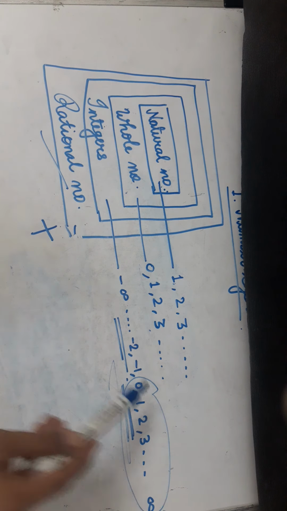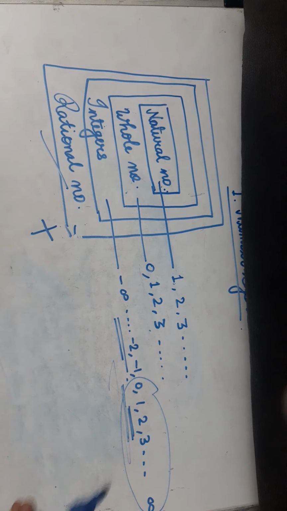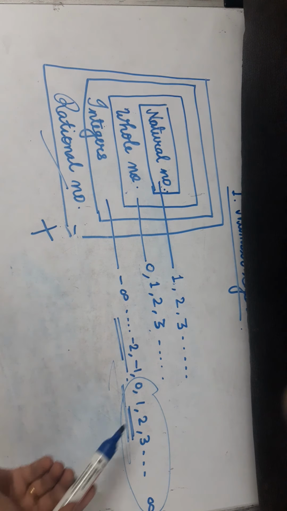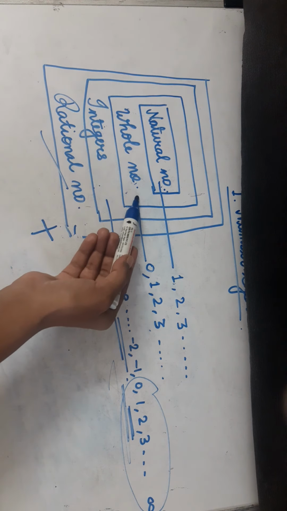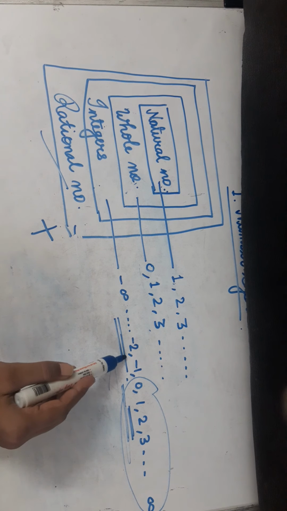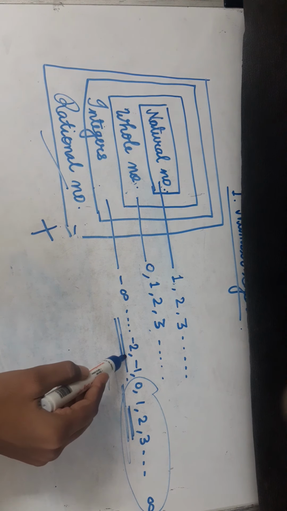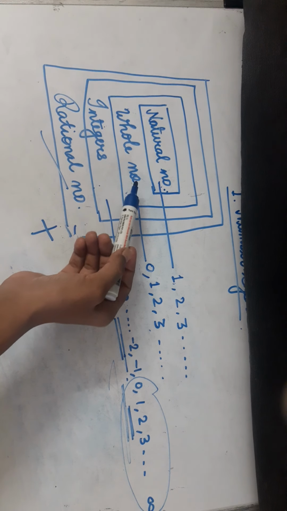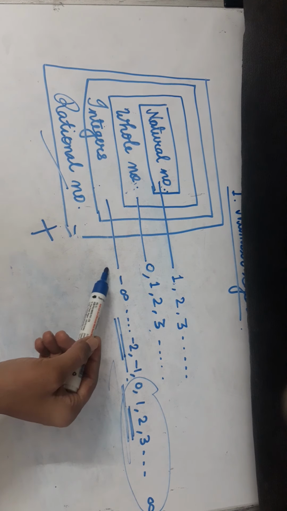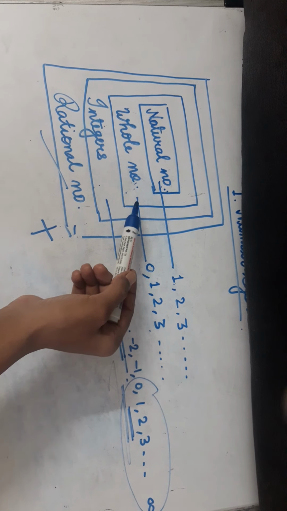So this is the set of whole numbers, it comes under integers also. So every whole number is an integer, right? But every integer is not a whole number. Like minus 2. Minus 2 is an integer, but it's not a whole number.